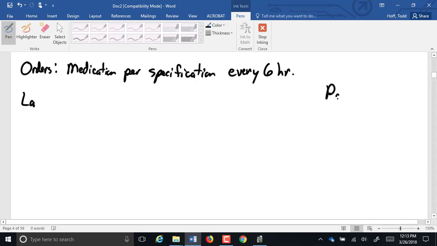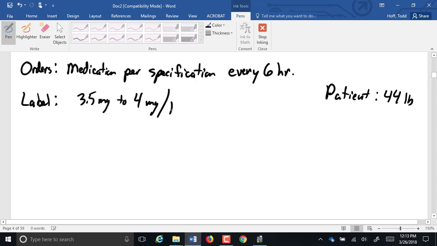For a patient that is, let's do a 44-pound patient. Our label says to give 3.5 milligrams to 4 milligrams per kilogram every 8 hours.